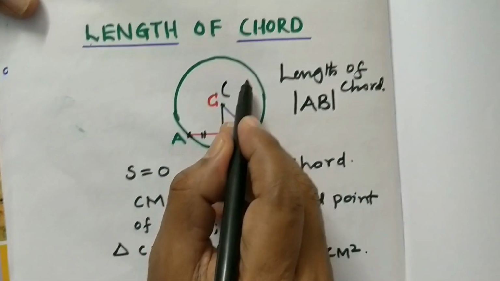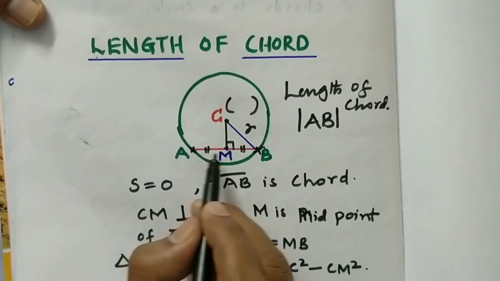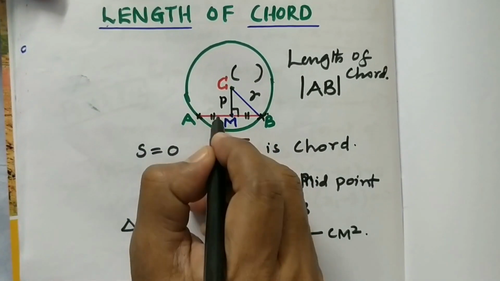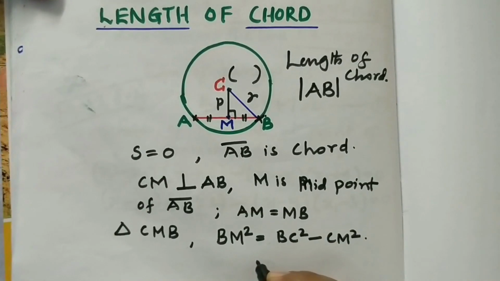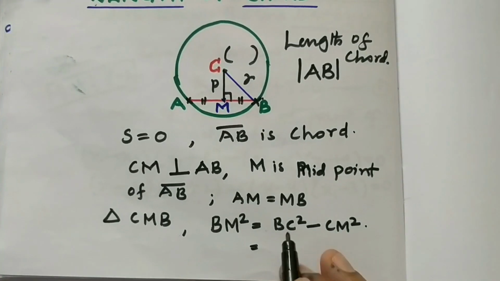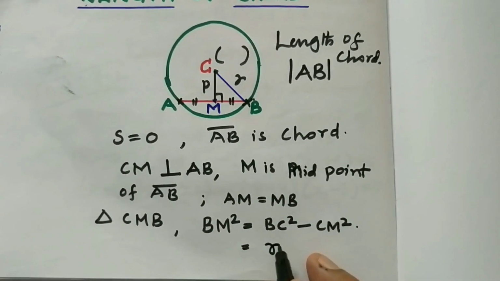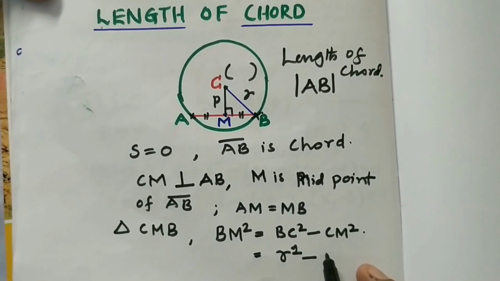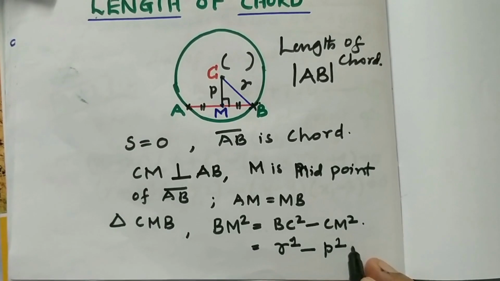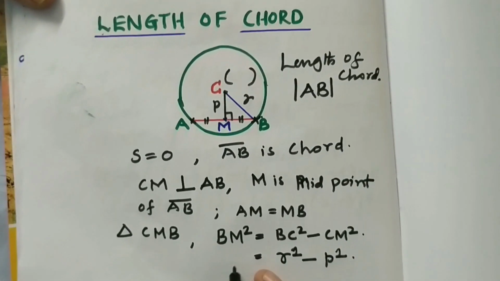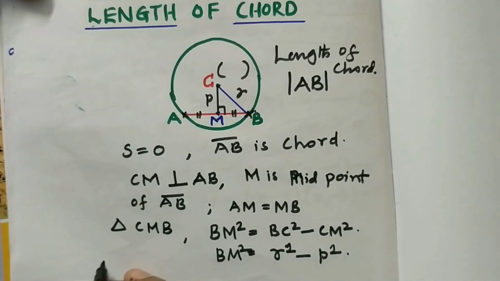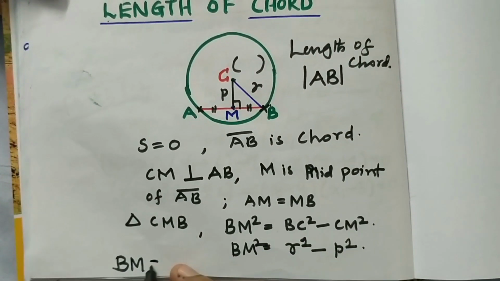Say this is P. Then BM square is equal to BC square, which is R square, minus CM square, which is P square. Next, BM is equal to under root R square minus P square.